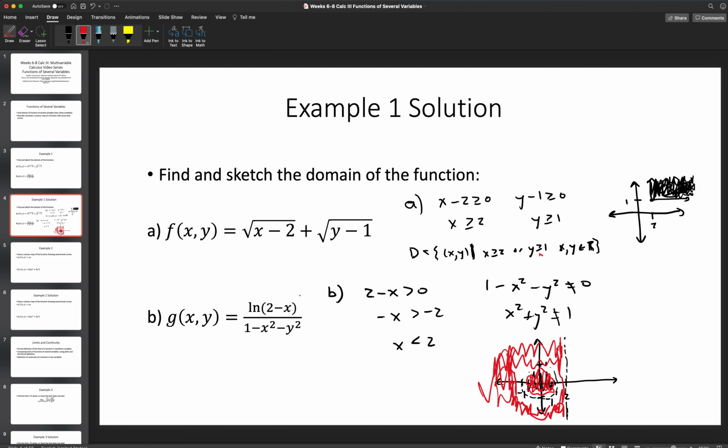You just have a z variable in there, and you would be sketching the domain in R3. So there's not too much of a difference. Here we're talking plane versus space. Okay, so let's jump into the next example.